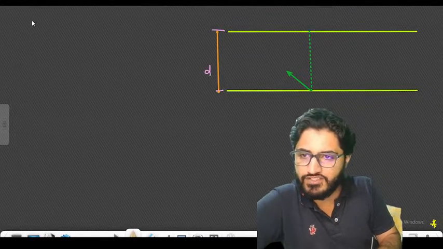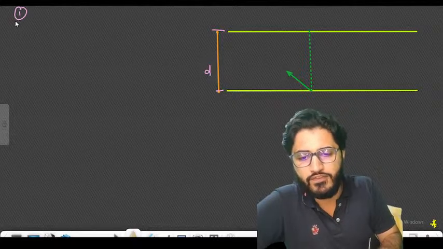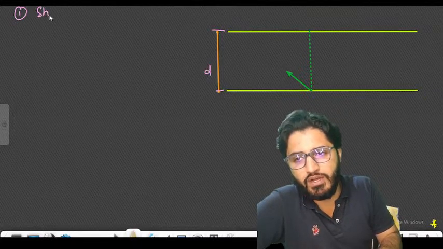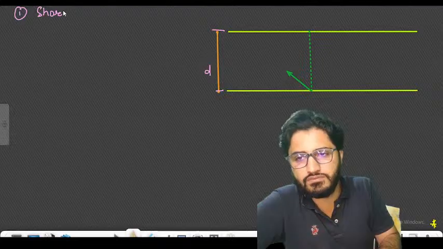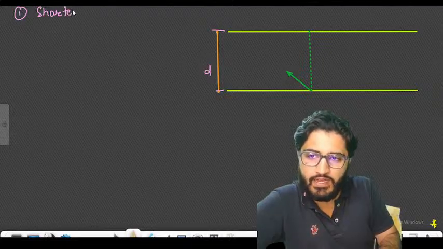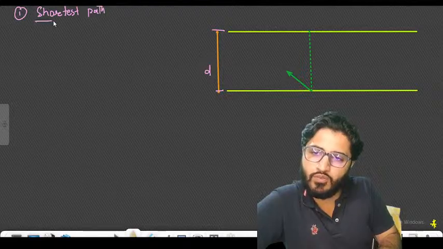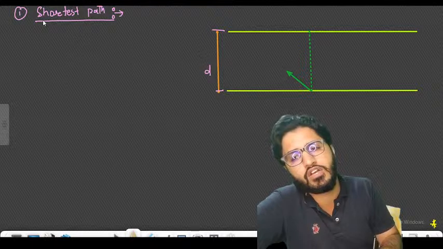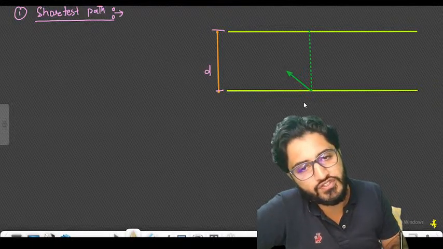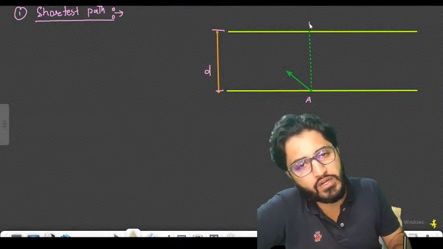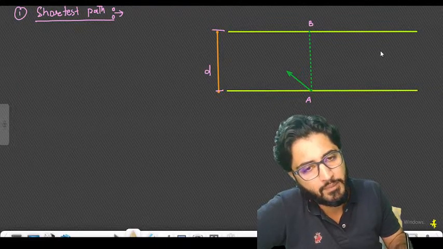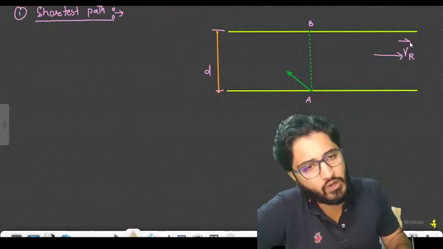First case, if you find the word shortest path, if a person wants to cross the river via the shortest path between 2 points, it is only the perpendicular direction. But here you will see current velocity.